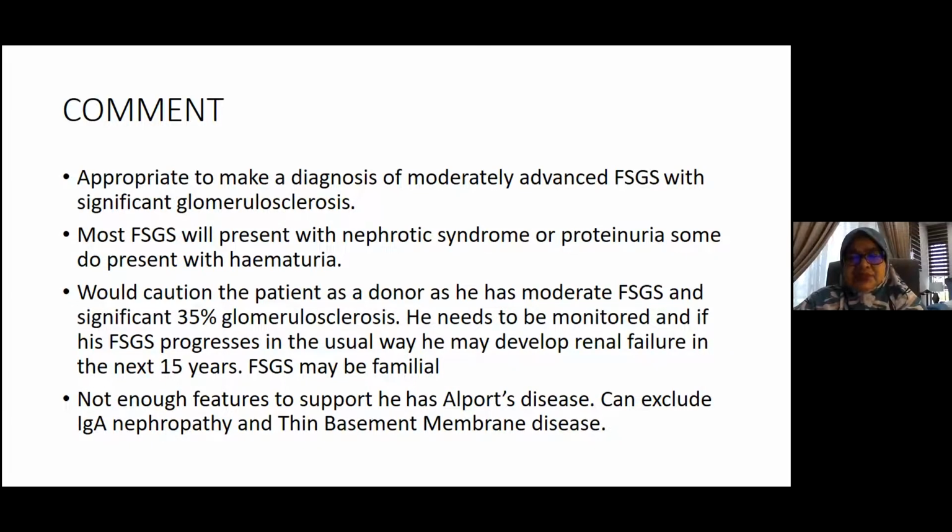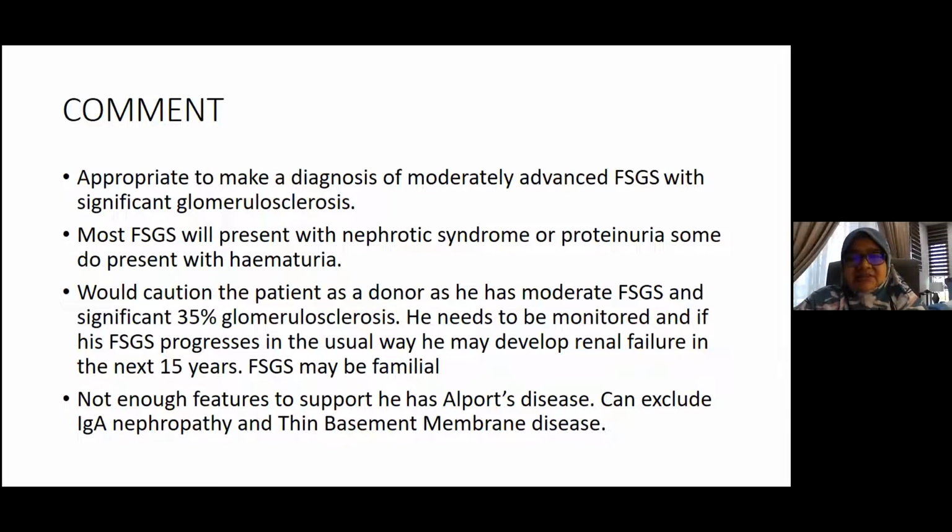Those of you who have been involved in renal biopsies will have found that quite a lot of cases of FSGS do present with hematuria. So for this patient, it is wise to advise caution for him to be a donor, as he has this moderate FSGS, and he needs to monitor his progress himself.